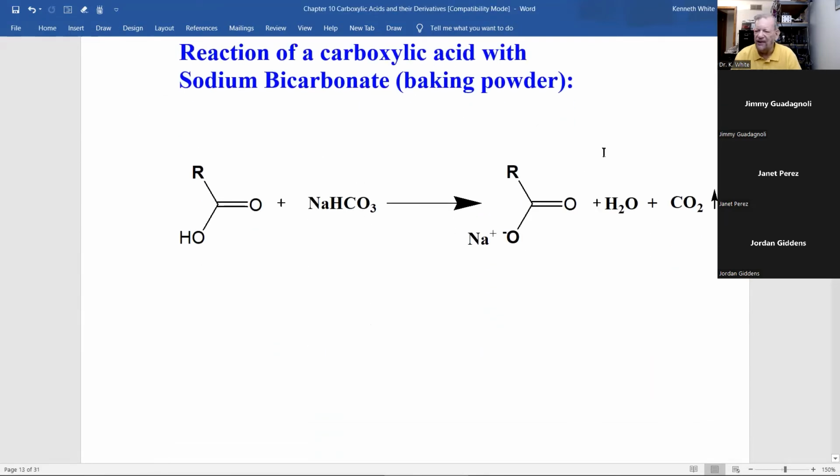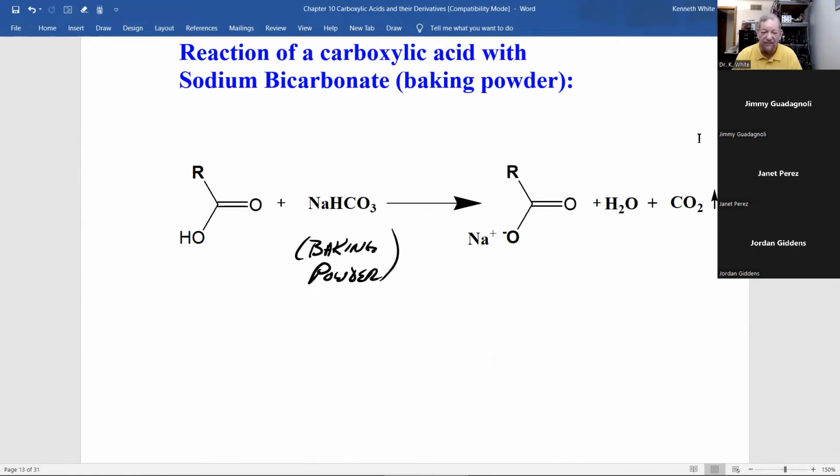Now let's talk about a very special base, and that is sodium bicarbonate. And sodium bicarbonate you can find in your kitchen. And that's baking powder.